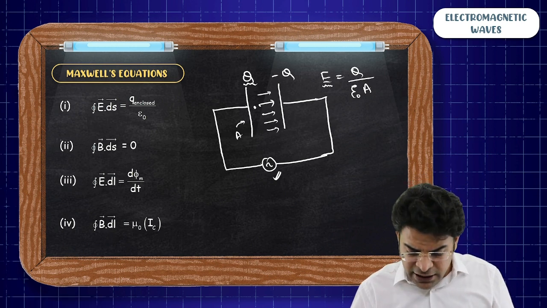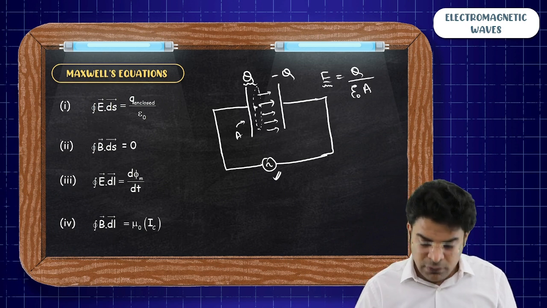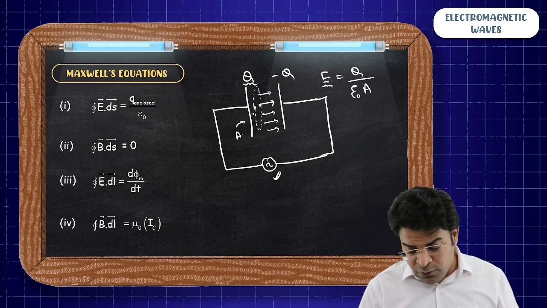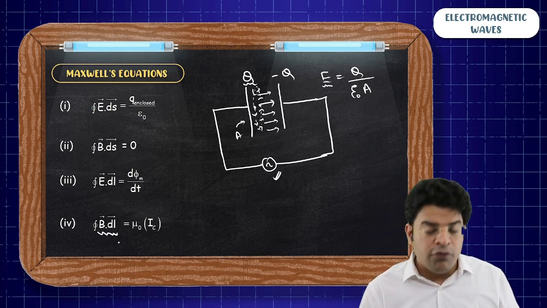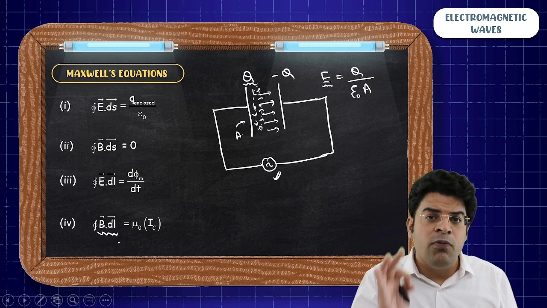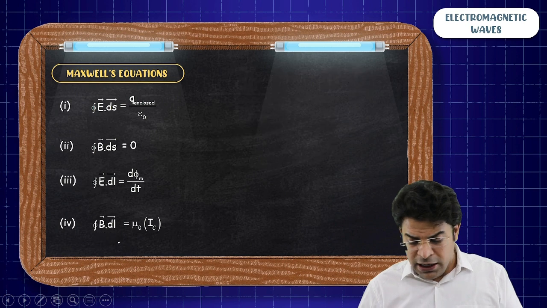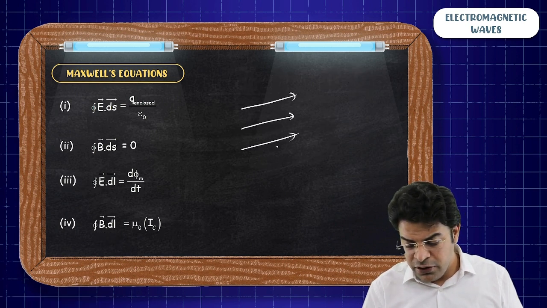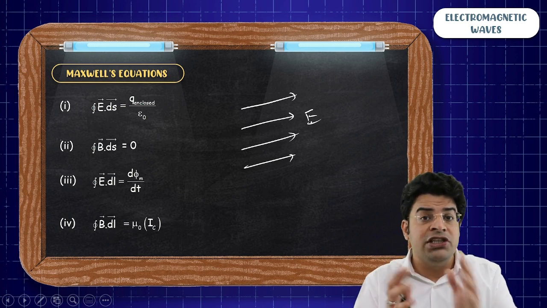So if we think of an Amperian loop here, we know that the magnetic field is present at all points on this Amperian loop. And the closed integral of B dot dl is non-zero. But this violates Ampere's circuital law. Why? In the region between the plates, there is only an electric field, and that changes with time due to the change in charge.